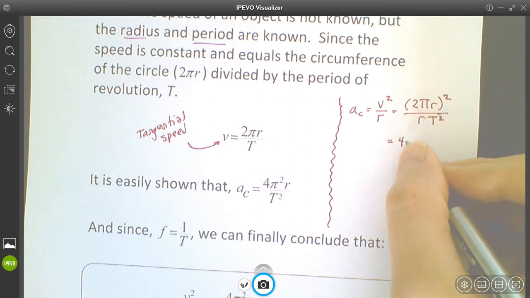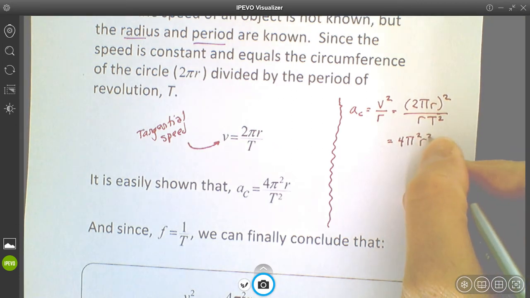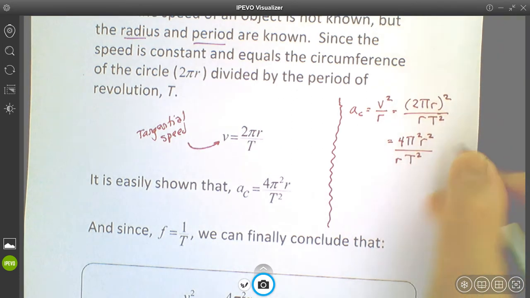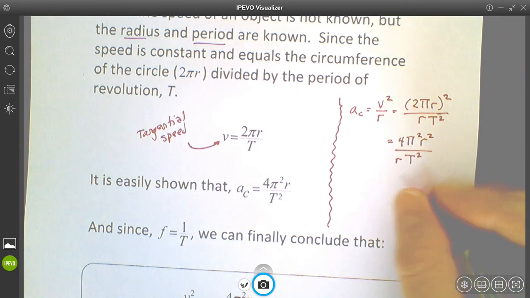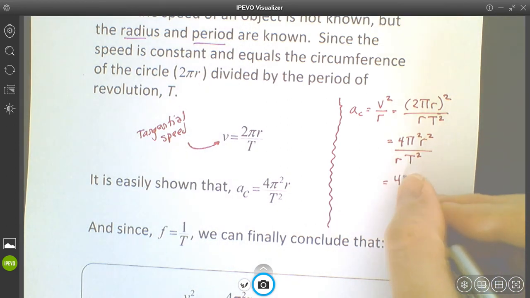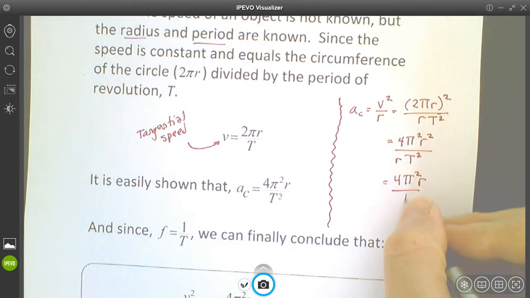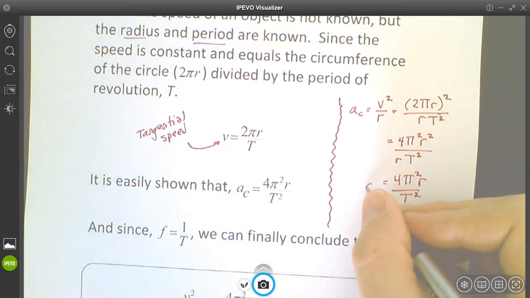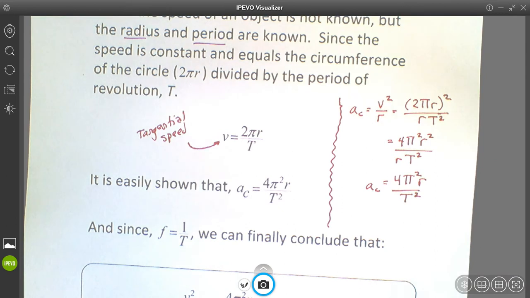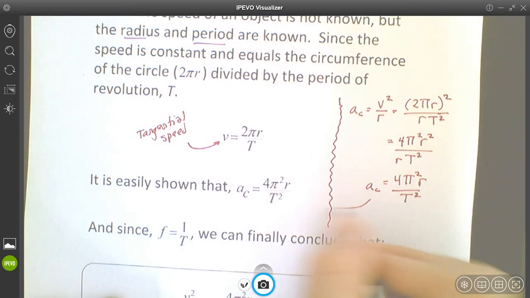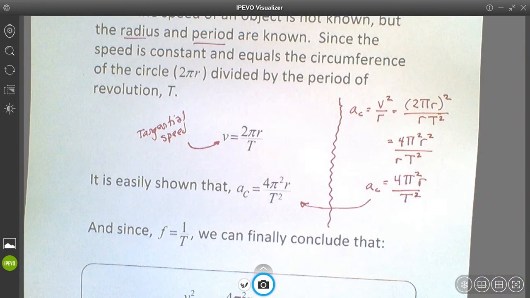That leaves us with 4 pi squared r squared over r T squared. Then one of the r's divides out, leaving 4 pi squared r over T squared. Okay, so that's how we get to that.